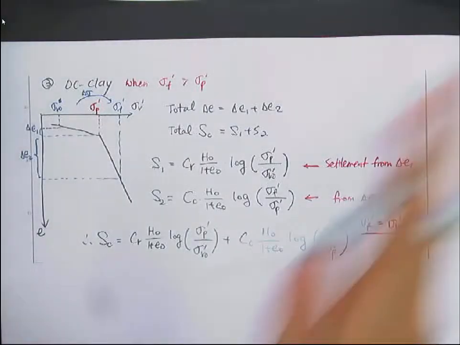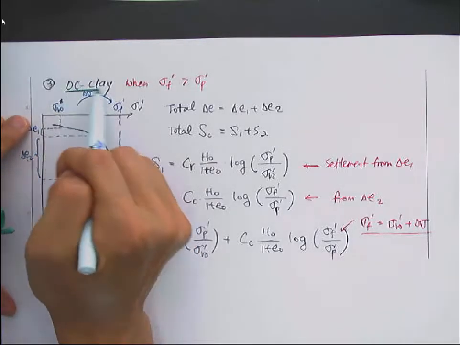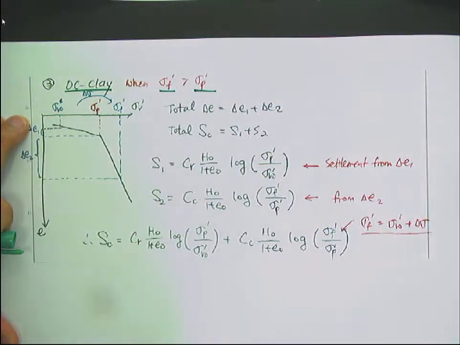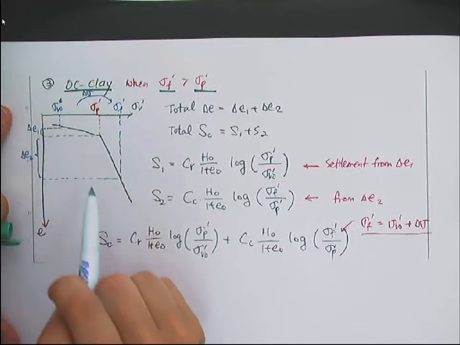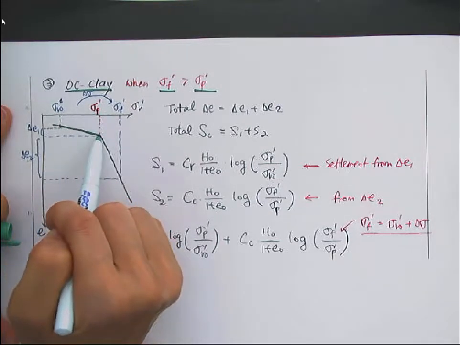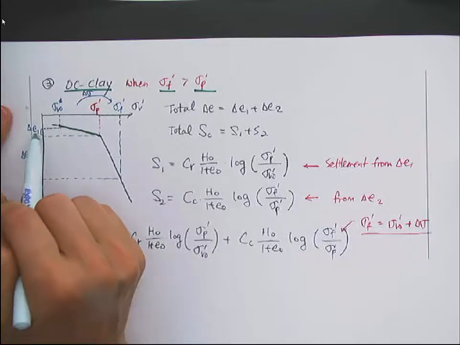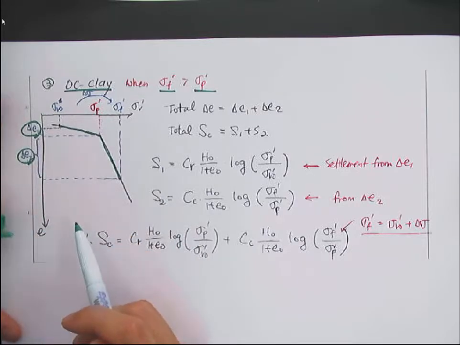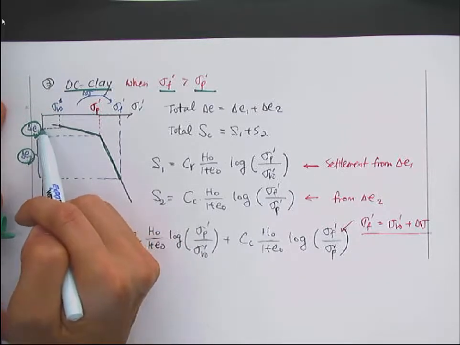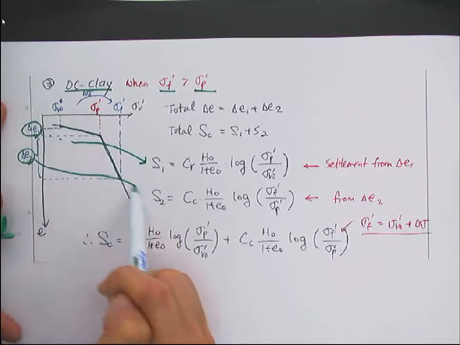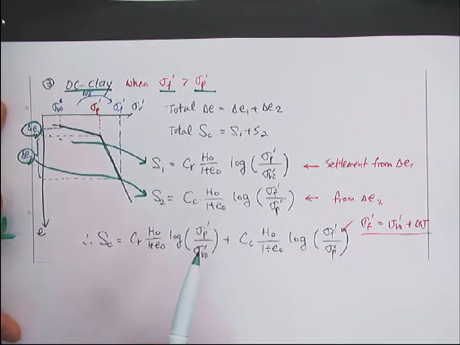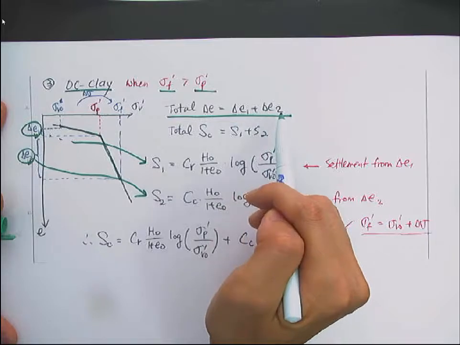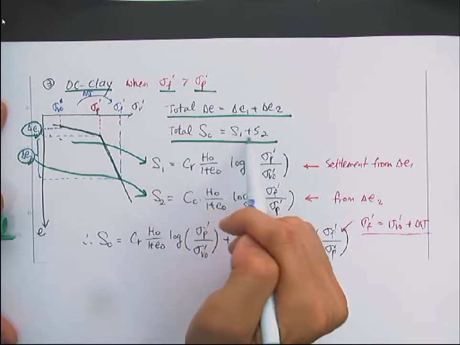And the last case, you start with the OC clay and the final effective stress exceeds the pre-consolidation stress, sigma p prime. So then you have to separate two stages. From here to here, you calculate the void ratio change, and from here to here, you calculate the void ratio change too. Then, using these two, you get the settlement corresponding to each void ratio change. So the total void ratio change is delta e1 plus delta e2, and the total settlement will be S1 plus S2.